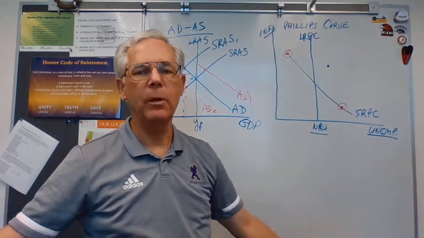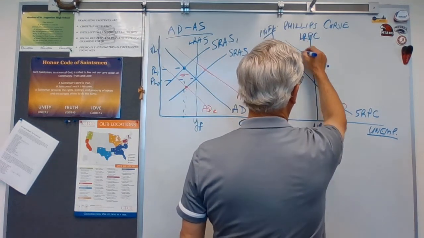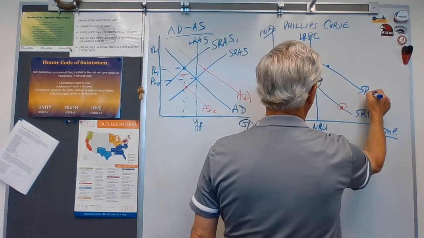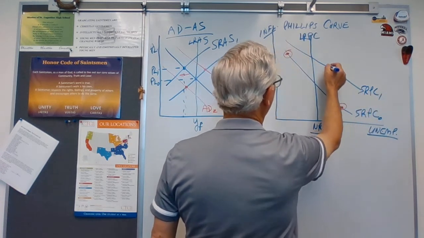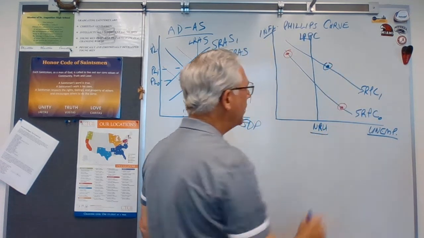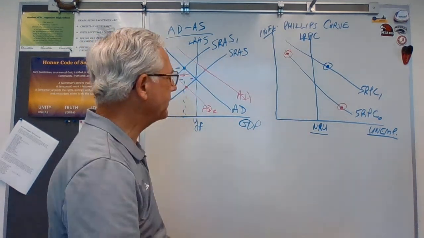What happened? We must have shifted the short run Phillips curve. We'll call that SRPC1, okay? And we're at a point over here where we've got everything kind of out of whack.